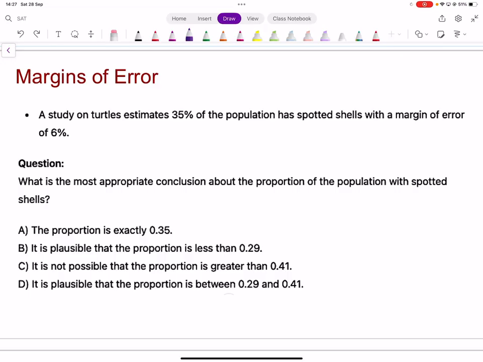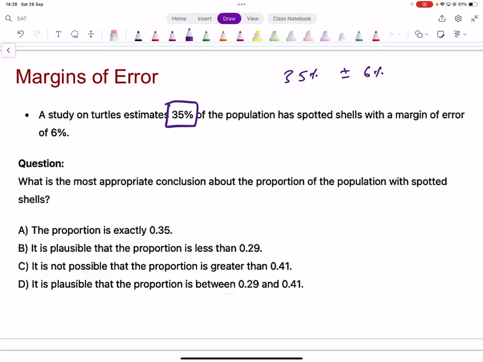So you are doing a study. You generally do that by taking a sample. Your estimate is that 35% of the population has spotted shells. But there's a margin of error in this estimation, and that margin of error is 6%. 6% means it could be 6% either way, plus or minus 6%. Okay?